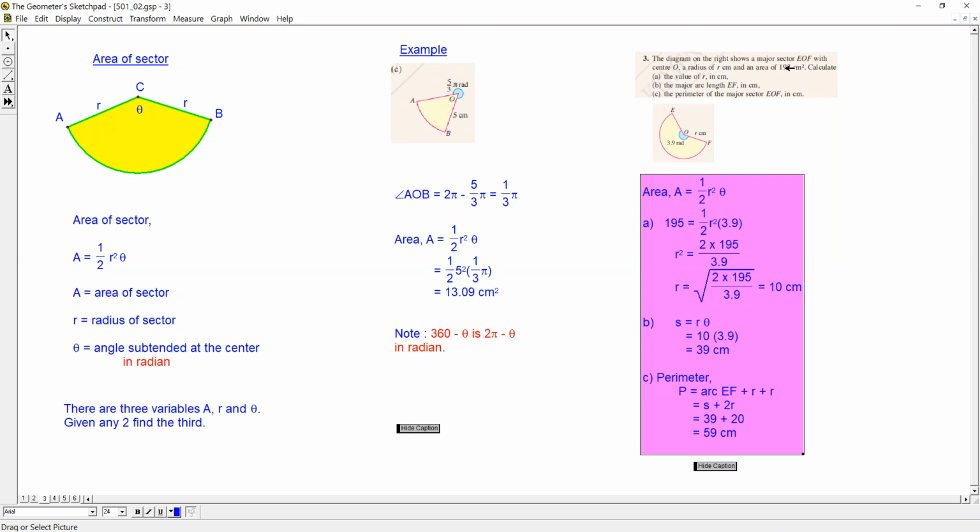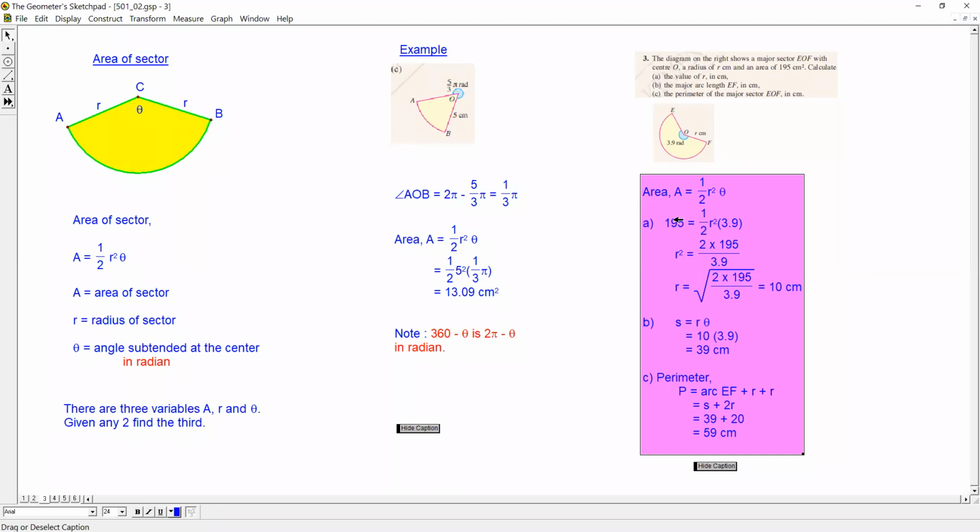Then area is 195, so under this area you replace with 195. Half R squared. R we don't know. Then theta, how much is theta? Theta is given here, 3.9 radian. Then you make R squared the subject of the formula.